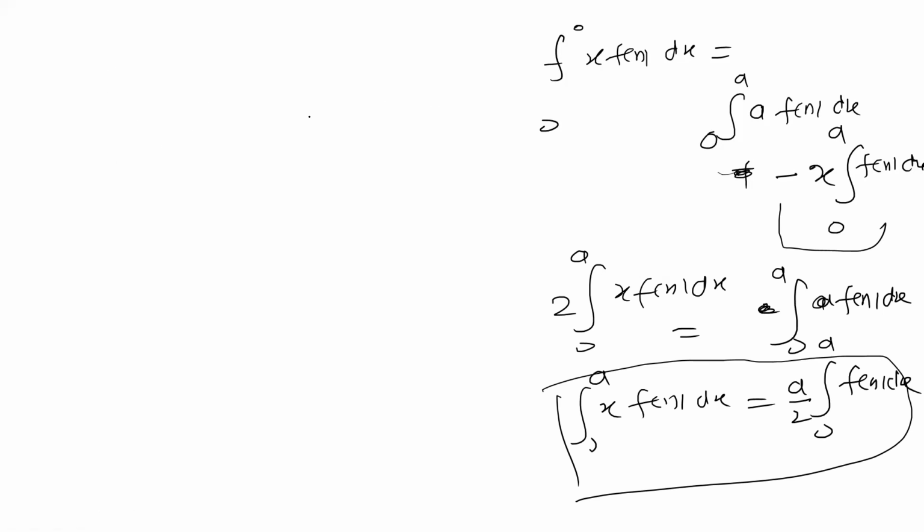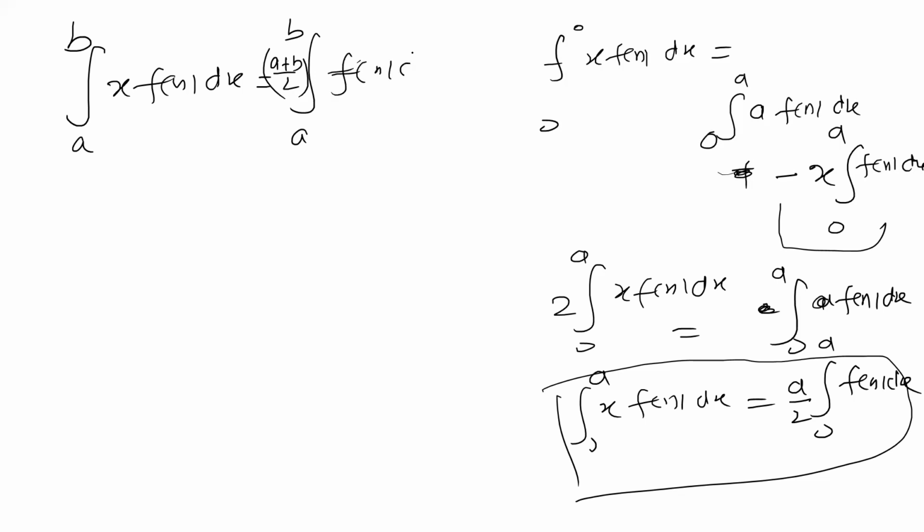So here we have to generalize this property. Earlier we have taken 0 to a, now we take a to b. You will take a to b, then take (a plus b) by 2 into the integral of f(x) dx.